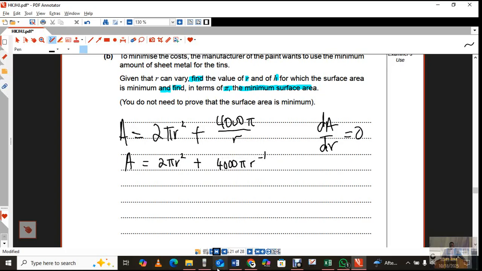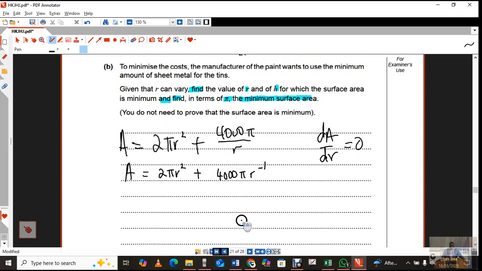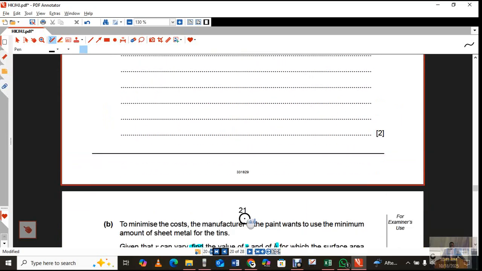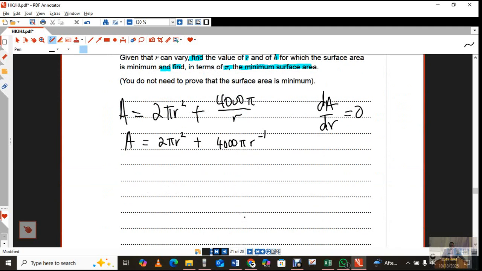I think that makes perfect sense if we have it like that. Okay, good. Now I can actually differentiate. It makes it much easier to differentiate.